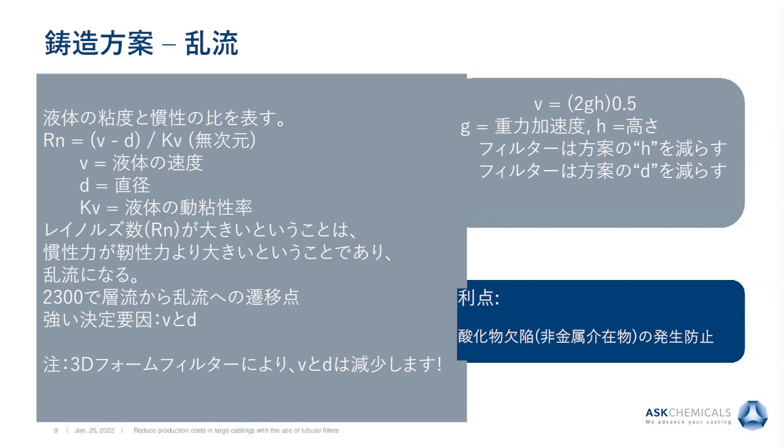But it is mostly influenced by V and D, that means the speed and the diameter. There are different formulas to calculate it. And what is very important for us in this case is that the speed and the diameter are reduced by using foam ceramics.